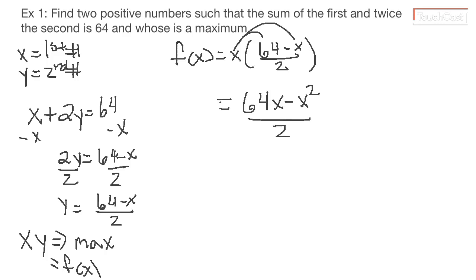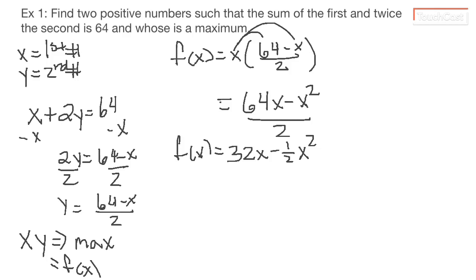So we can now rewrite this as 32x minus 1/2 x squared. So this is f of x. This is our function. Now, when we look back to what we learned throughout this chapter, we can find a maximum if we take and set the first derivative equal to 0.